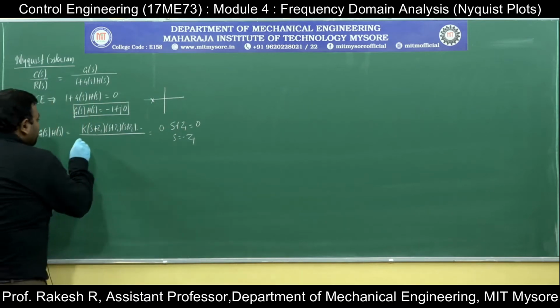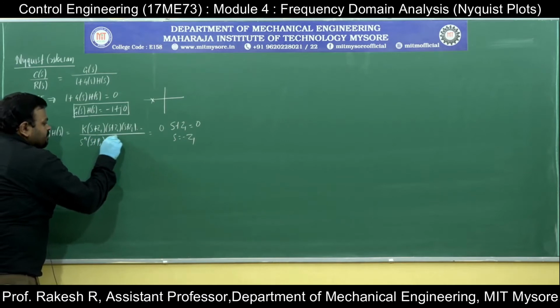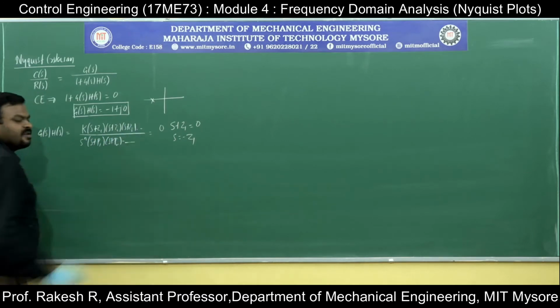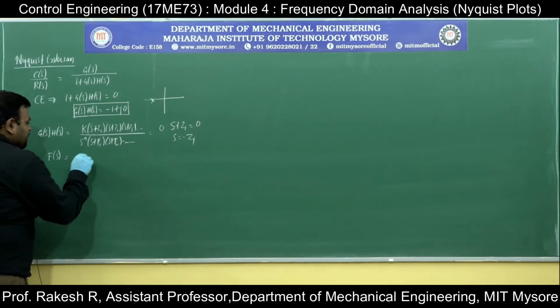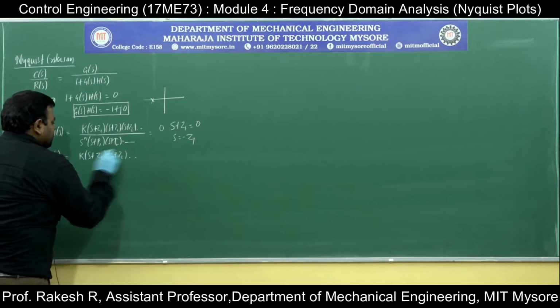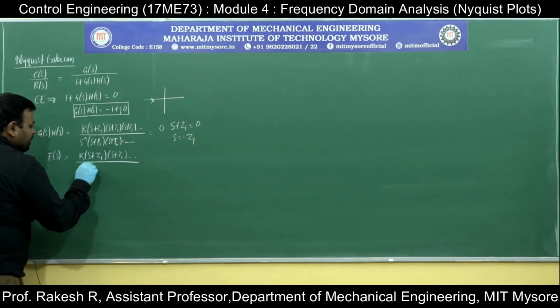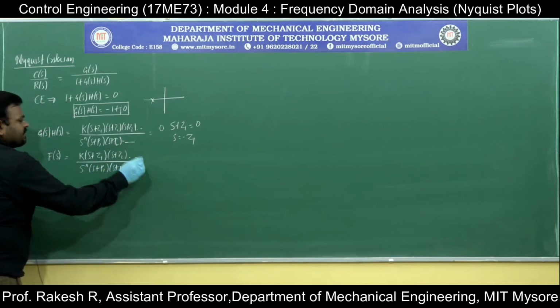Similarly, for the denominator factors S plus P1, S plus P2. If you solve this, you will get this as F of S. F of S will be K into S plus Z1, S plus Z2, etc., over S to the power of n, S plus P1, S plus P2, etc.